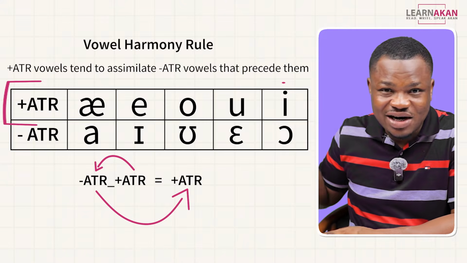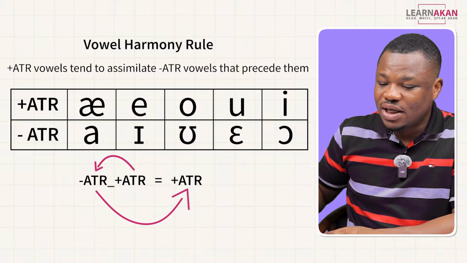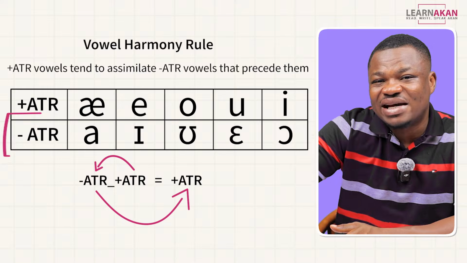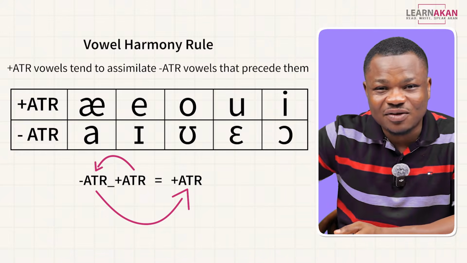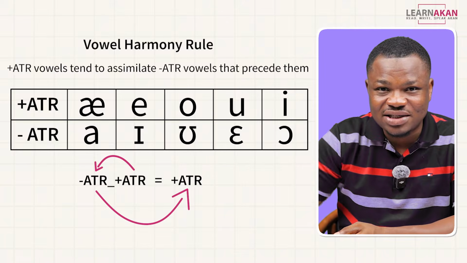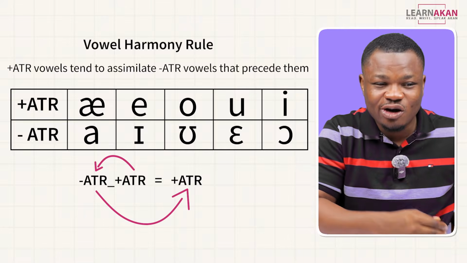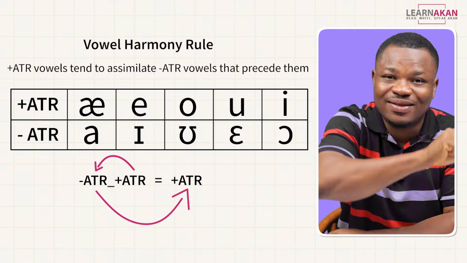We have the plus ATR set and then we have the minus ATR set. So if in an environment you find a minus ATR sound and the next vowel sound is a plus ATR sound, in most cases the plus ATR sound will cause the minus ATR sound that precedes it to change into a plus ATR equivalent to ensure that there is harmony.